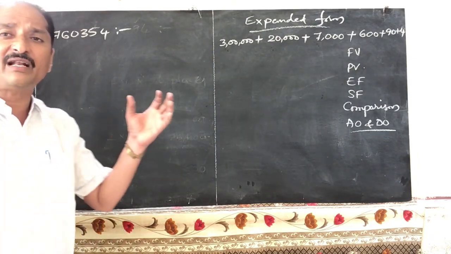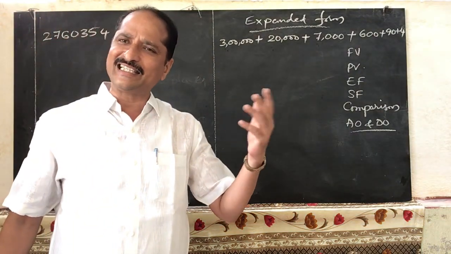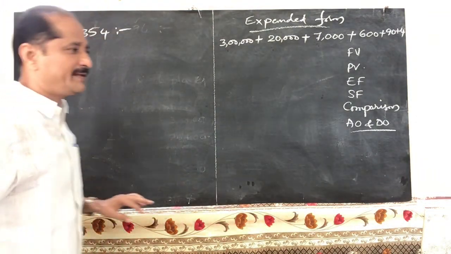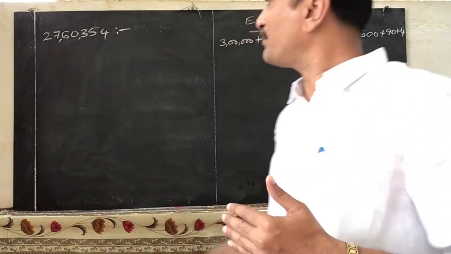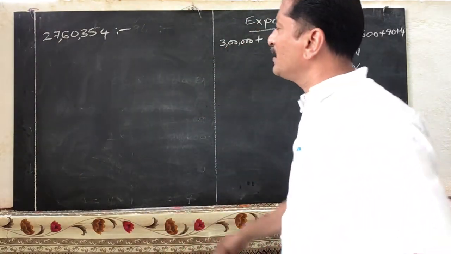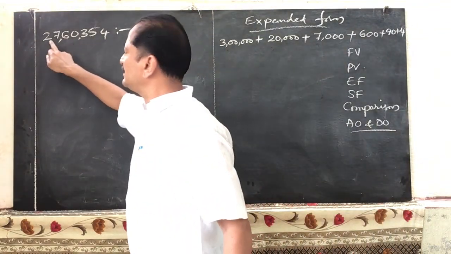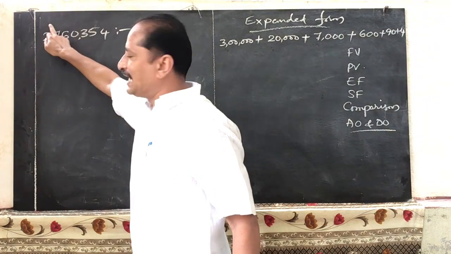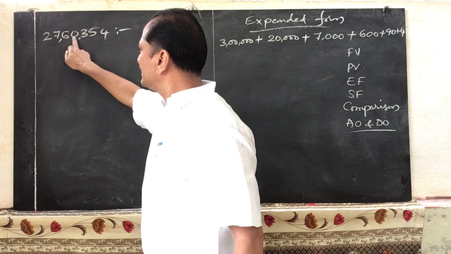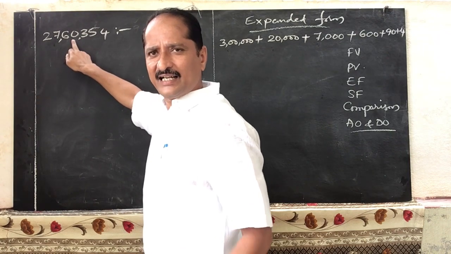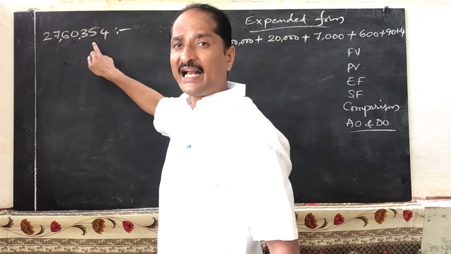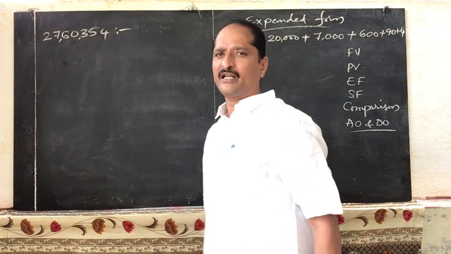Now, to write down the expanded form of this number, just observe carefully. First, divide the given number into periods as in the Indian system of numeration: units period, thousands period, lakhs period. So what is the number name? Observe carefully. How many thousands do we have? 27 lakhs, 60 thousand, 354.